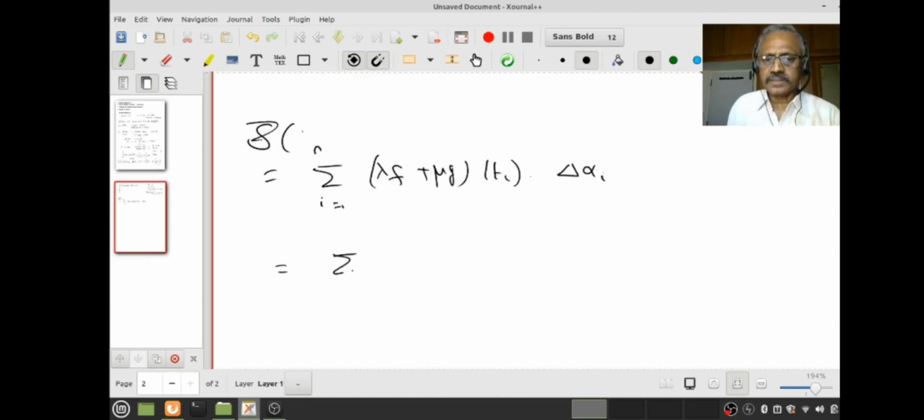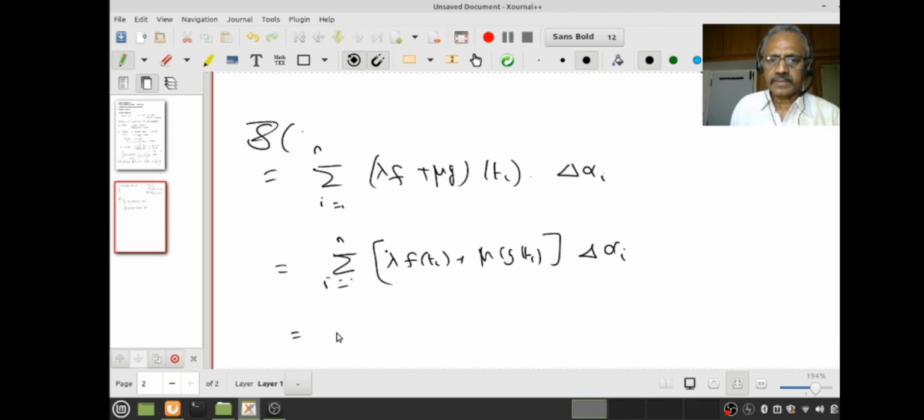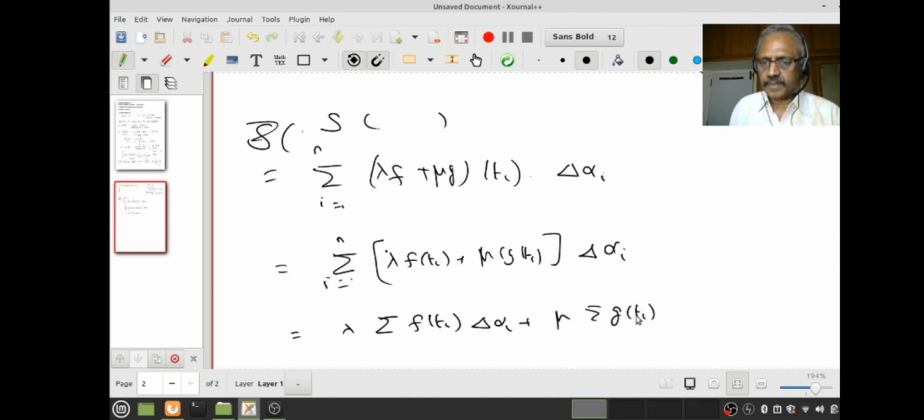This is nothing other than, by definition, lambda into f of ti plus mu into g of ti, the whole thing multiplied with delta alpha i, i equal to 1 to n, and therefore this is only the Riemann sum. Therefore this is equal to lambda into summation f ti delta alpha i plus mu into summation g ti into delta alpha i, right?